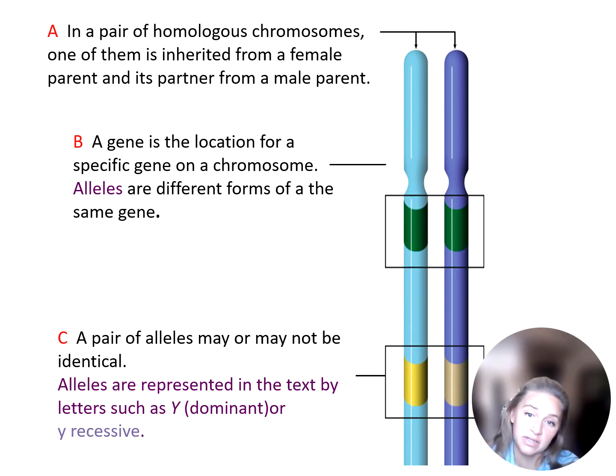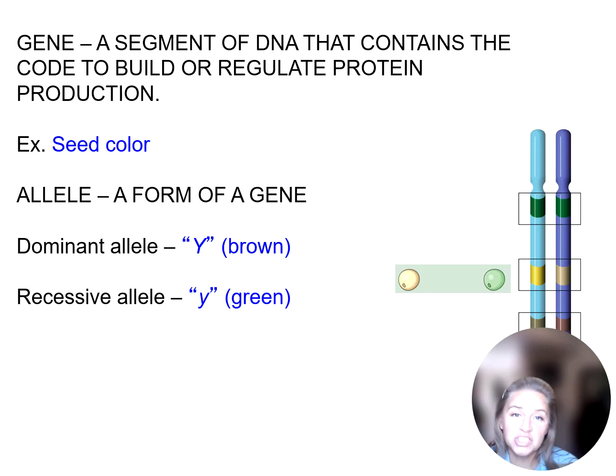You would have one allele from your mom and one allele from your dad. So a pair of alleles may not be identical, and alleles that are represented might be a dominant and recessive, so then the offspring is some combination of the alleles of the parents. So a gene is a segment of DNA that contains the code to build or regulate a protein. So we have two copies of these, so we have two alleles to form a gene.